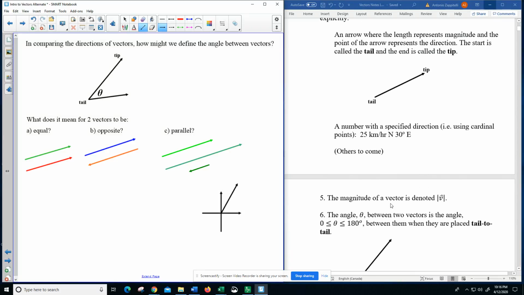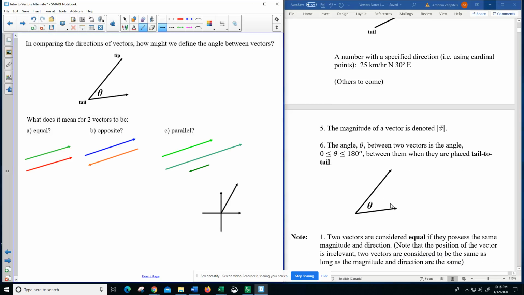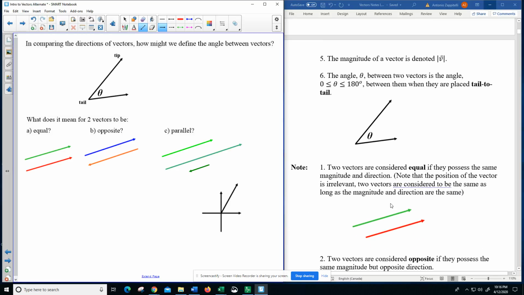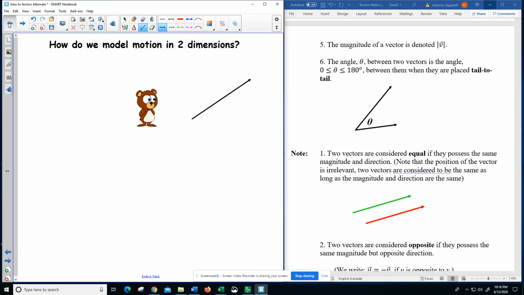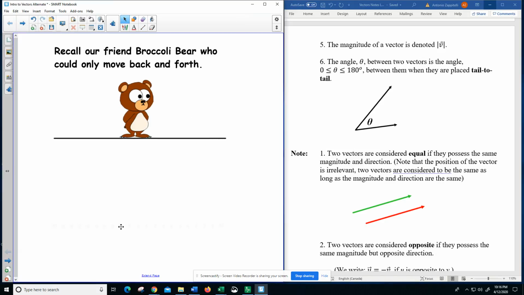All right, so if I'm interested in specifying the magnitude of the vector, I need a notation. Here the magnitude of a vector is denoted by these two bars. Now you'll notice that looks a lot like absolute value. When you think about it, it's not surprising they would use that, because remember in one dimension we were just using numbers.